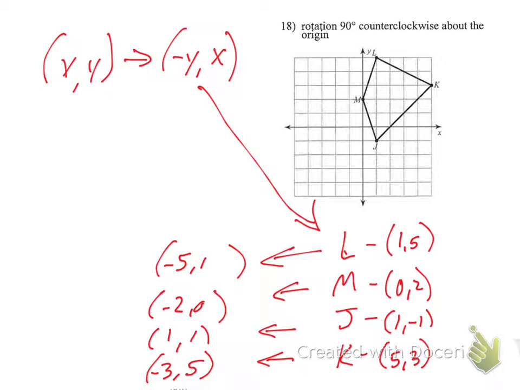So then all I have to do is plot these points: (-5, 1), (-2, 0), (1, 1), and then (-3, 5). And I connect the dots. Then make sure, as always, that you label your points, and you are done with that one. That's what a 90-degree counterclockwise rotation looks like.